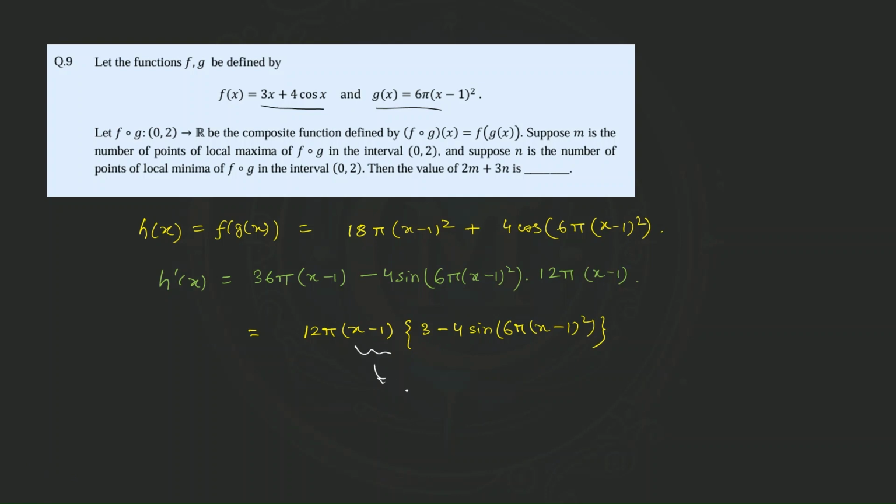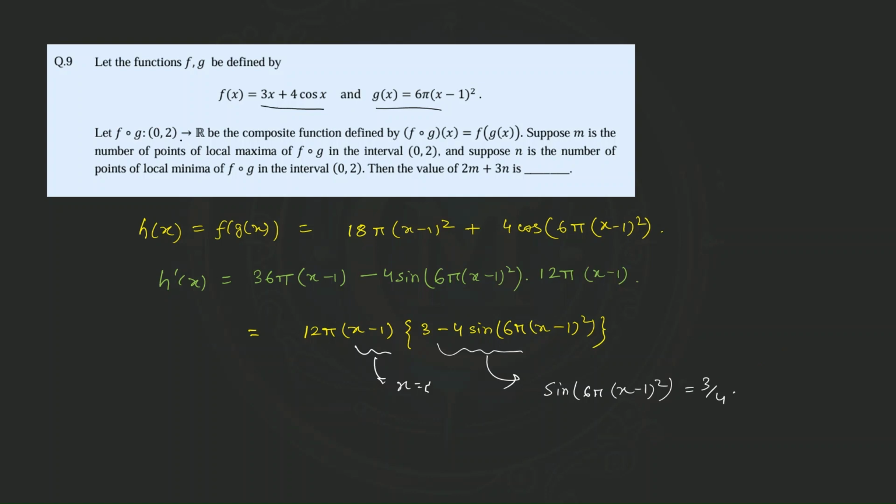One critical point will be x equal to 1, right? And other critical points will be from this factor. So we can say critical points will be sine of 6 pi (x minus 1) whole square equal to 3 by 4. So how many critical points will be there?